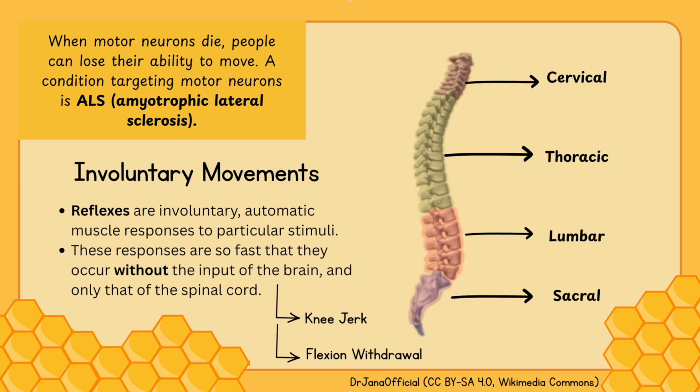Essentially, if you were to step on a sharp object or touch something really hot, the flexion withdrawal reflex will allow you to remove or withdraw your limb from that source of damage. And it's super important for protecting your body. It's a reflex, so it happens without the brain.